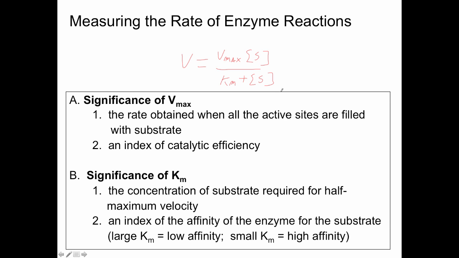And this is really an index of catalytic efficiency. This is something we see at the highest concentrations of substrate. Km, on the other hand, is the concentration of substrate required for half maximal velocity. And this is really an index of the affinity of the enzyme for the substrate, so that we can say with some confidence that a large Km means that the enzyme has a low affinity for the substrate, whereas a small Km means that the enzyme has a high affinity for that substrate.